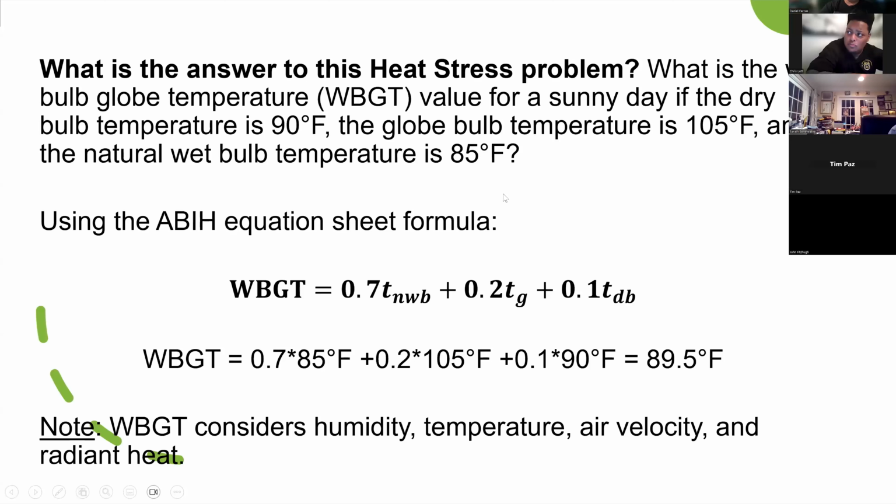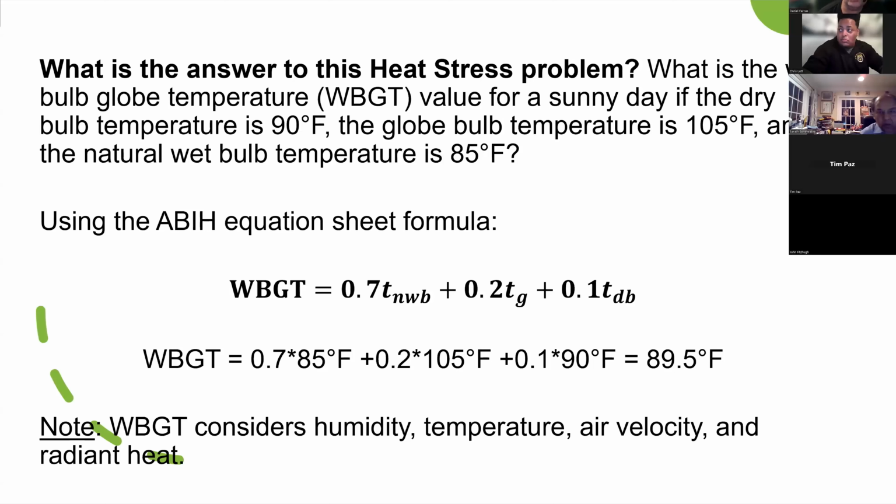Now let's do some heat stress problems, okay? If you have a calculator, start doing the first calculation right now. So let's go. What is the answer to this heat stress problem?